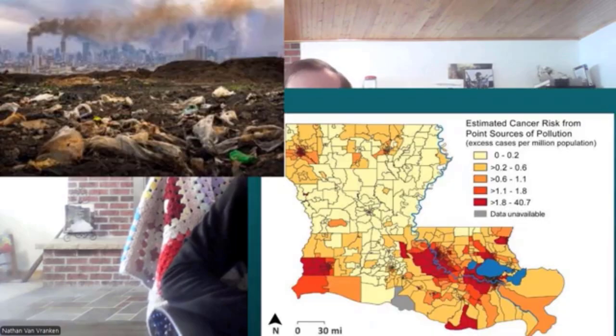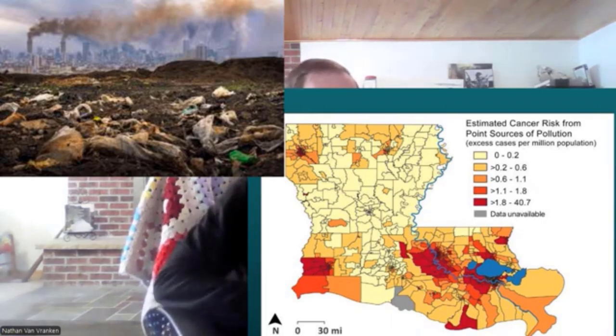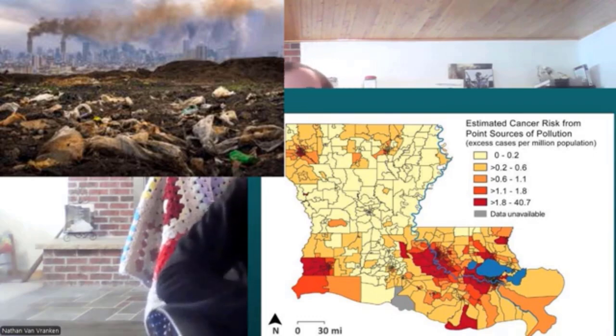When we look at areas where there's industry, such as some of the coastal factories of Louisiana, the chemicals that are being produced, what is the impact of those chemicals on the surrounding air regions? The smokestacks, they have exhaust.